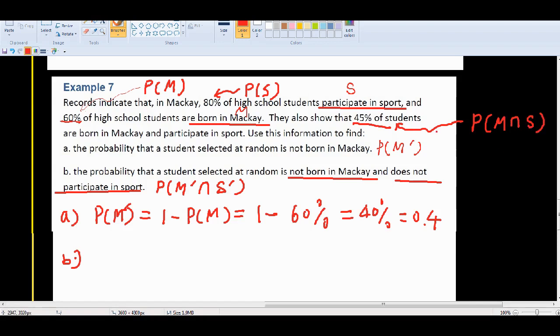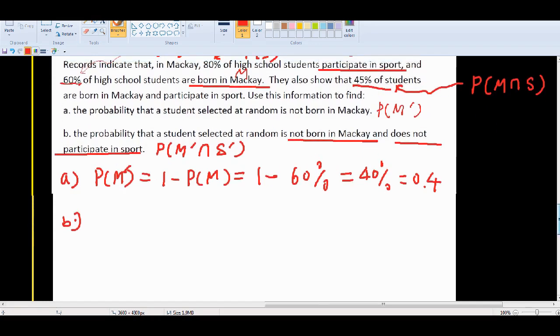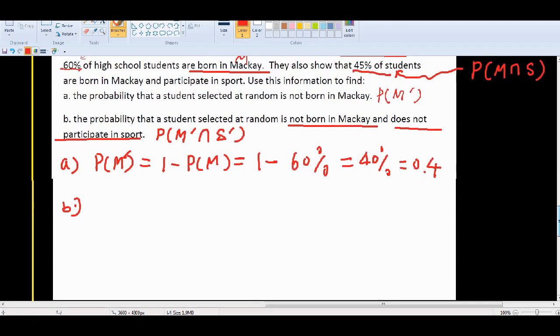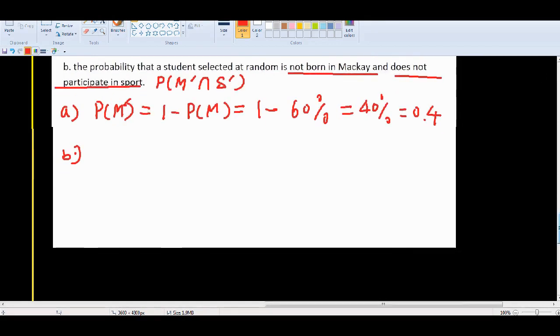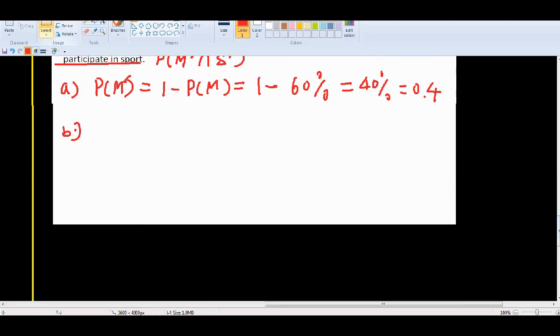We have three probabilities, plus the one we found in A, so we've got four probabilities. Can you think of the answer right away? It's difficult, right? That's why we need to draw the table to help us.